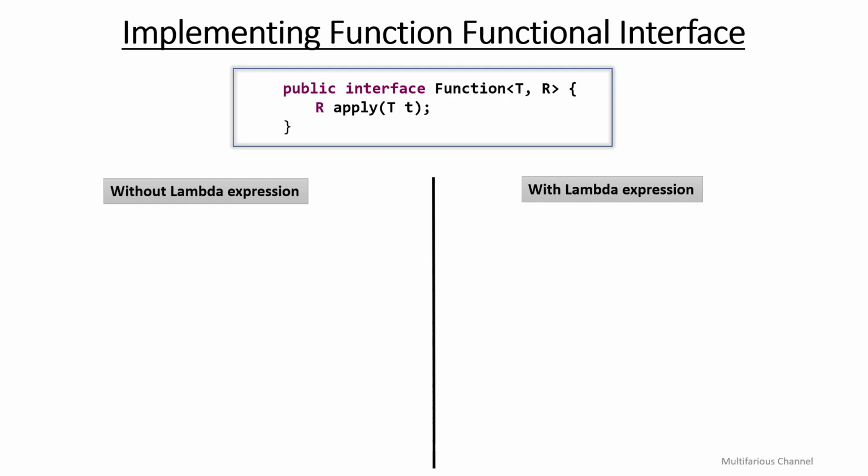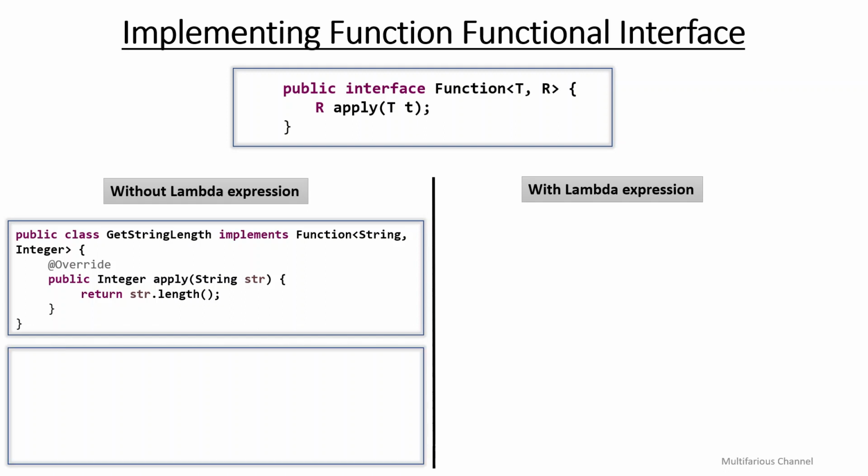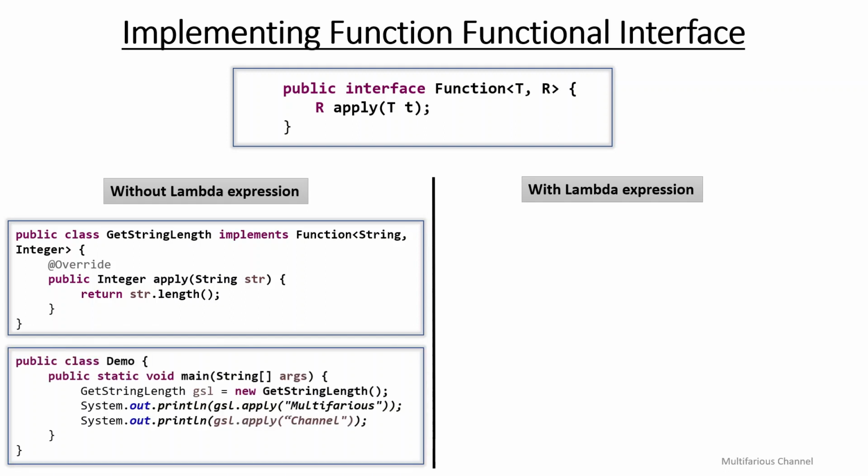So your code will look something like this. Public class getStringLength, which implements the function interface. This also overrides the apply method and returns a number, which is nothing but the length of the string. To invoke this, I'll create another class that will create an object of this particular class, and then I'll call the apply method by invoking it with the object reference.